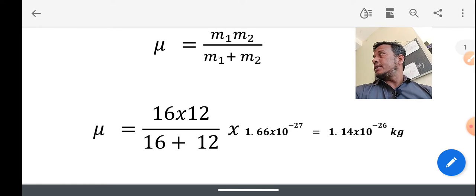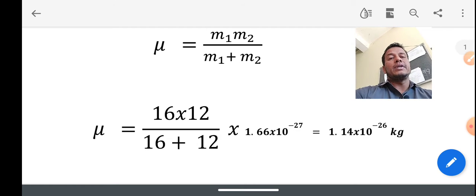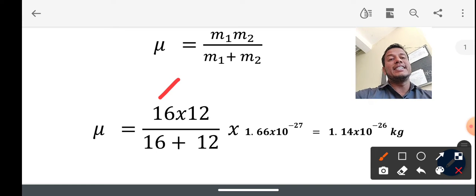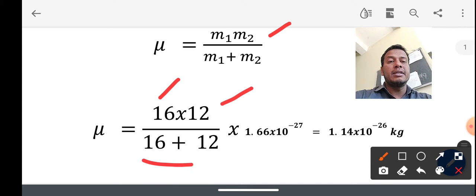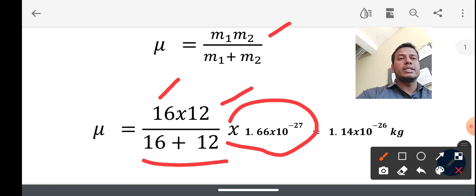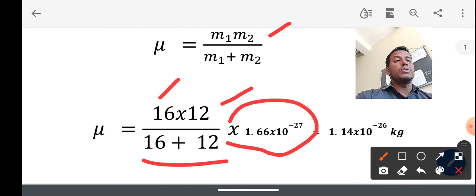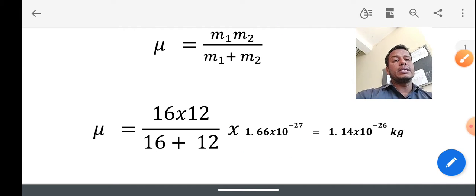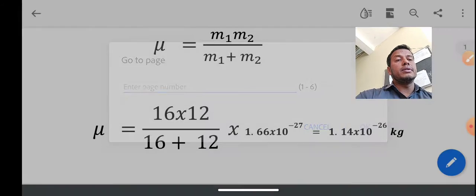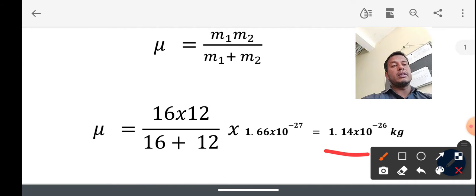So 16 into 12 divided by 16 plus 12, into the atomic mass unit. Convert the atomic mass unit into kg, that is 1.66 into 10 to the power of minus 27. At last you get the reduced mass as 1.14 into 10 to the power of minus 26 kg for carbon monoxide.